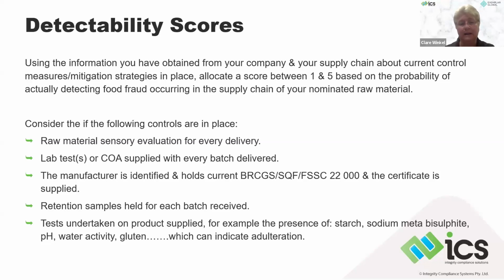Do you hold retained samples, master samples that you can then test any suspect product against? Do you do testing like maybe pH, gluten, starch presence or absence? Because some of those are quite simple, cheap, and they can tell you if you've got an additional ingredient that you don't expect to have in there.